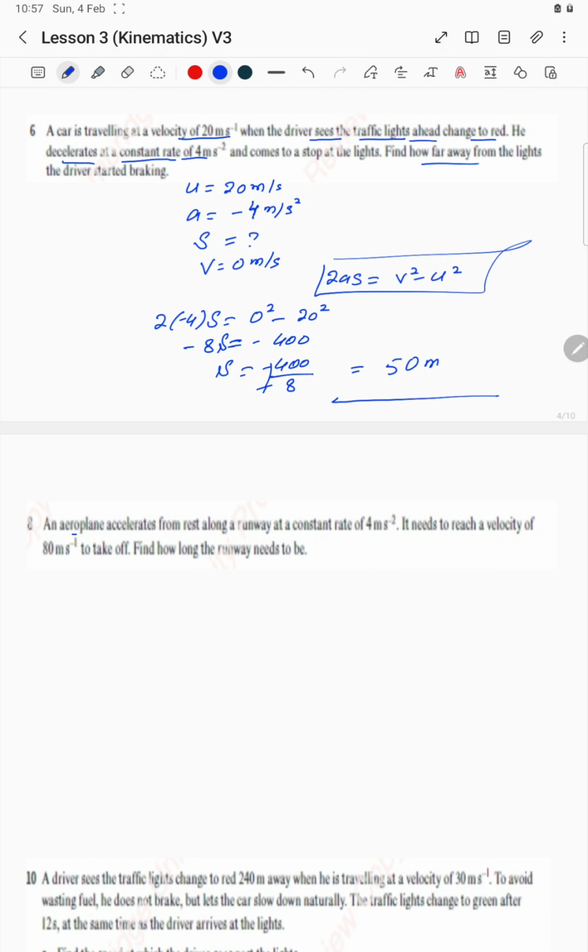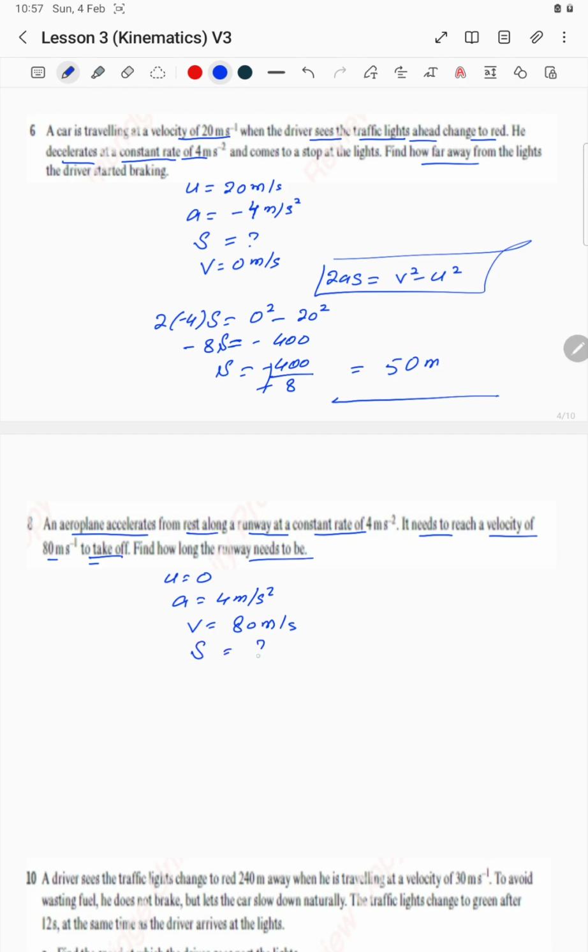An aeroplane accelerates from rest. It means u is 0, along the runway at a constant rate, so acceleration is constant 4 meter per second square. It needs to reach a velocity v of 80 to take off. How long does the runway need to be?